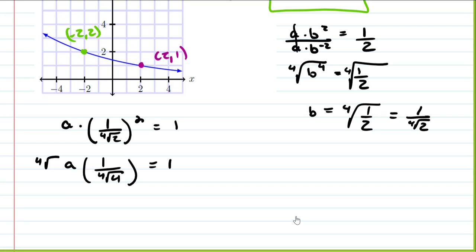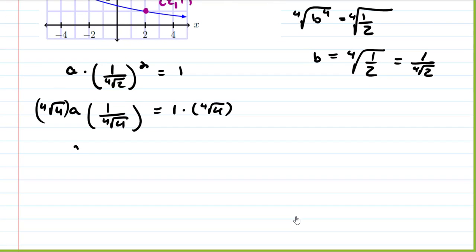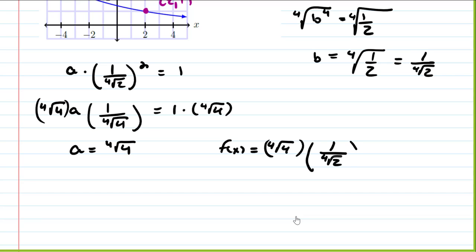So we multiply both sides of our equation by the 4th root of 4, and we get a is equal to the 4th root of 4. So then our equation is the 4th root of 4 times our b, which is 1 over the 4th root of 2 raised to the x. And that would be the equation of that exponential curve.